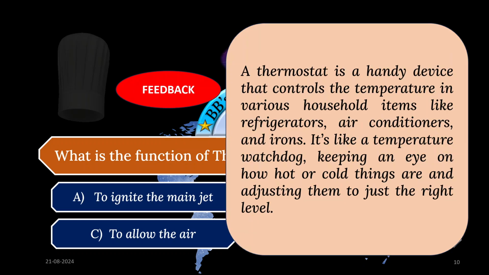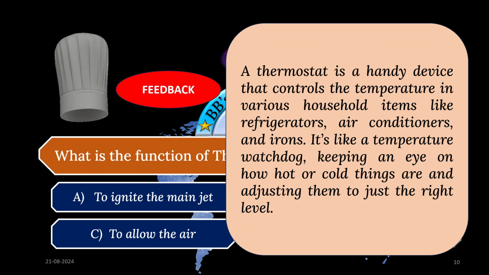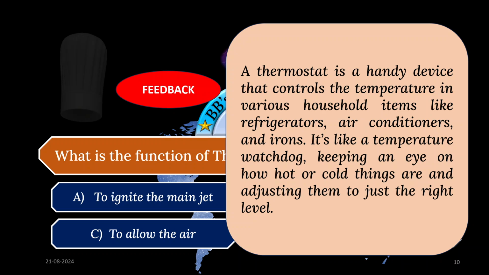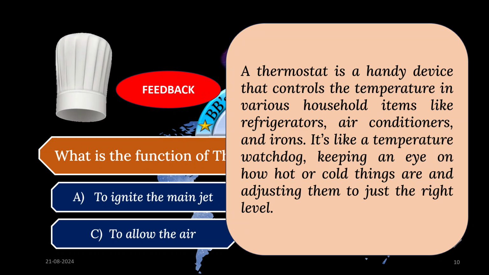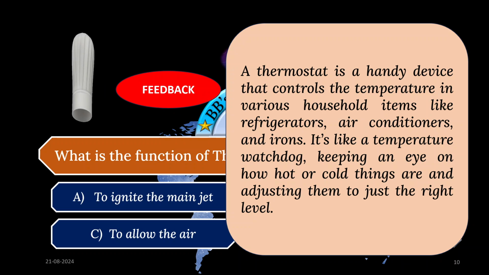Okay, now the feedback. A thermostat is a handy device that controls the temperature in various household items like refrigerators, air conditioners, and irons. It's like a temperature watchdog, keeping an eye on how hot or cold things are and adjusting them to just the right level.